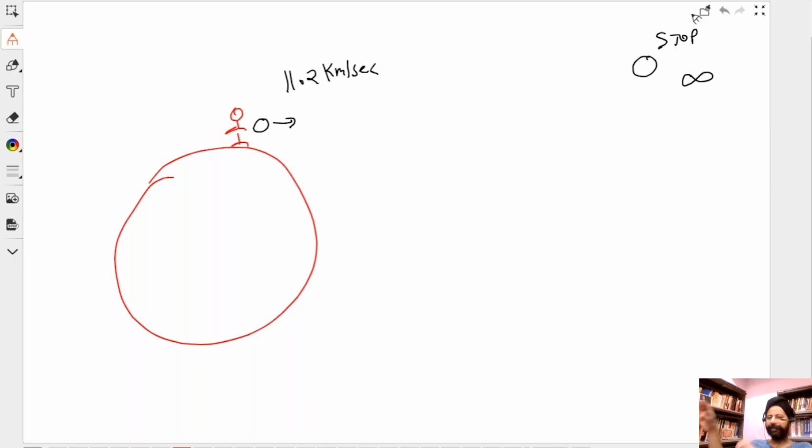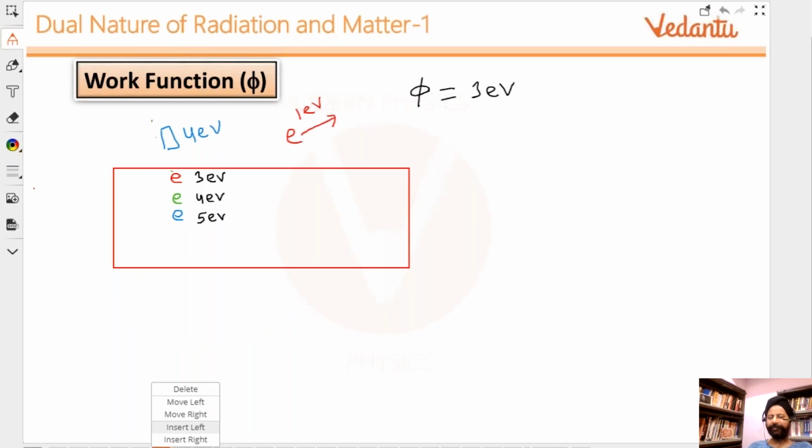This energy was enough to take it to infinity and then it stops. But then no one is stopping you from giving more velocity. If you give more velocity, all that extra energy will make sure that when it reaches infinity, it still is moving with that kinetic energy because energy cannot be destroyed. Same concept here. So the red electron has used 3 electron volts to become free, and the rest of it is its kinetic energy.